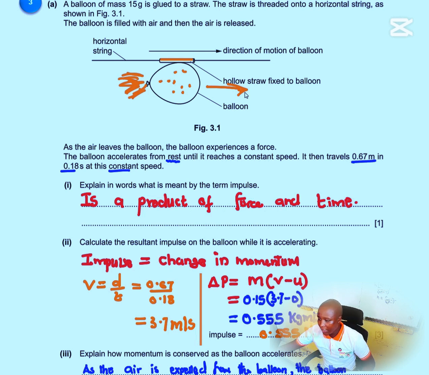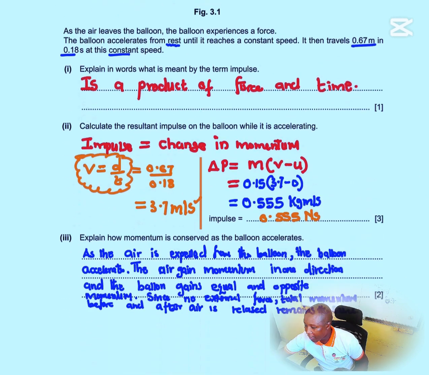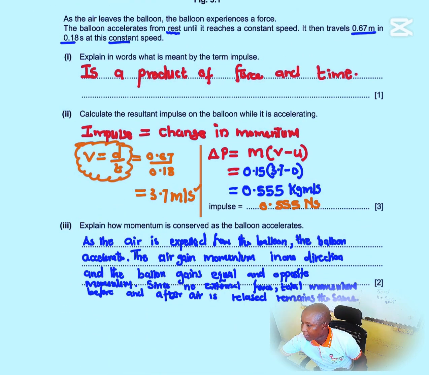The first thing that we are going to do here is use the formula v equals distance over time in order to get the constant speed attained by the balloon. Once we have that, we use the formula impulse is equal to change in momentum, where change in momentum is equal to mass times (final velocity minus initial velocity).